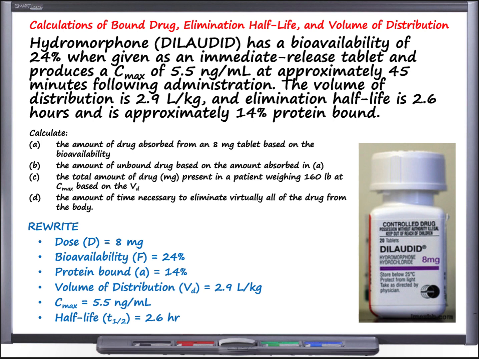The volume of distribution for this drug is 2.9 liters per kilogram, the elimination half-life is 2.6 hours, and the drug is approximately 14% protein bound.